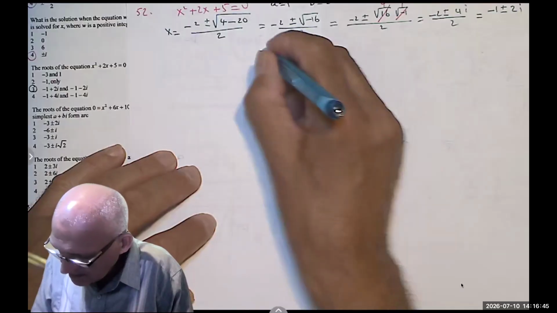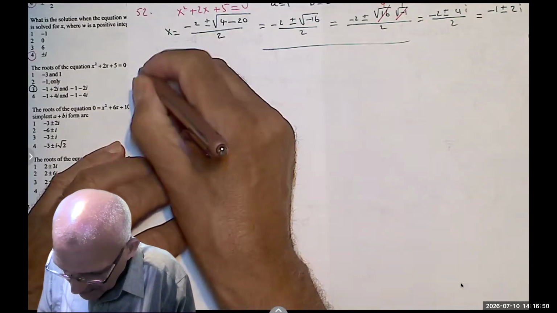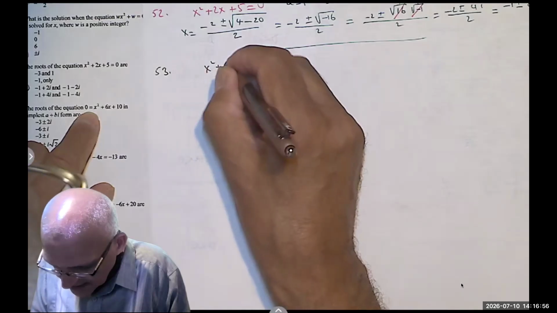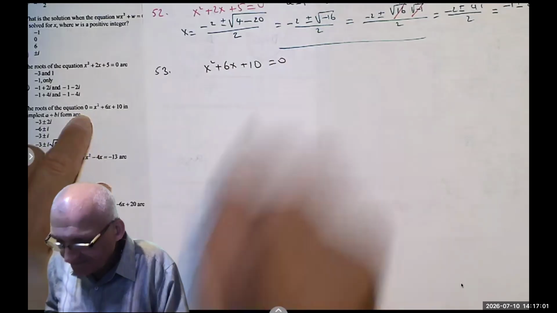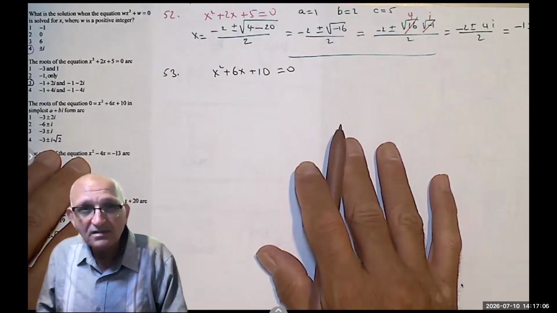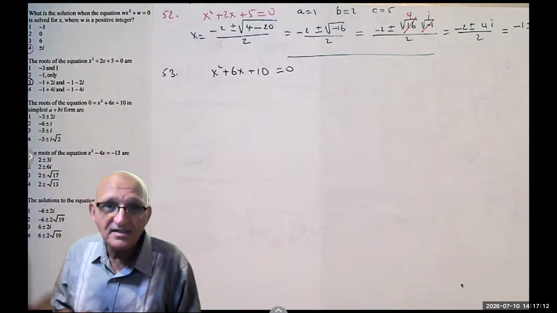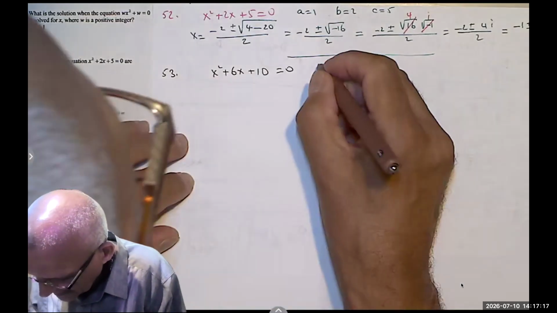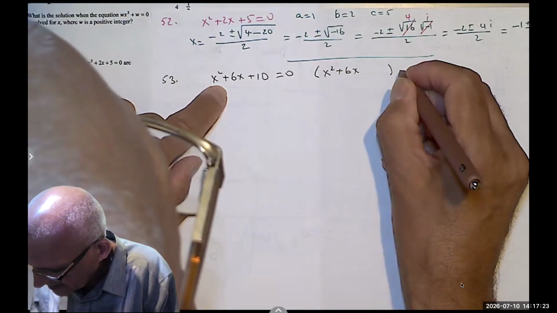Okay, number 53. The roots of the equation x squared plus 6x plus 10 in the simplest form is... By the way, you can use the quadratic formula like we did here, but in both cases, I can do something else. I can complete the square. I can write this as x squared plus 6x and then leave the 10 out.